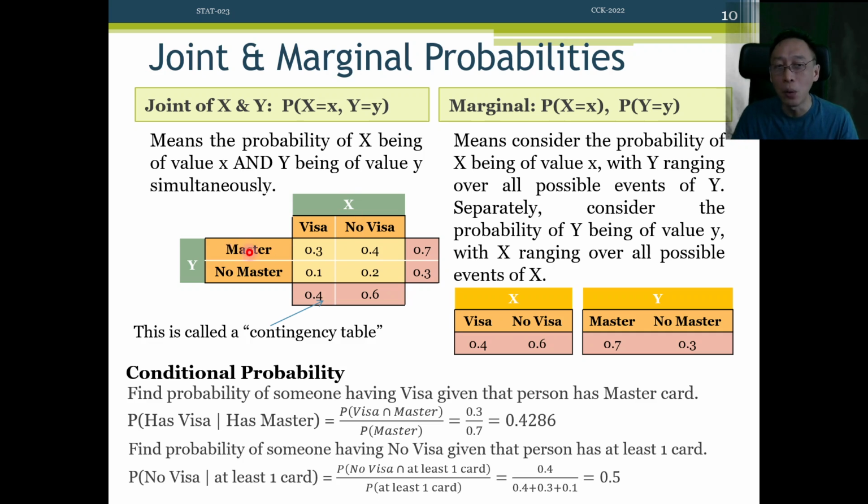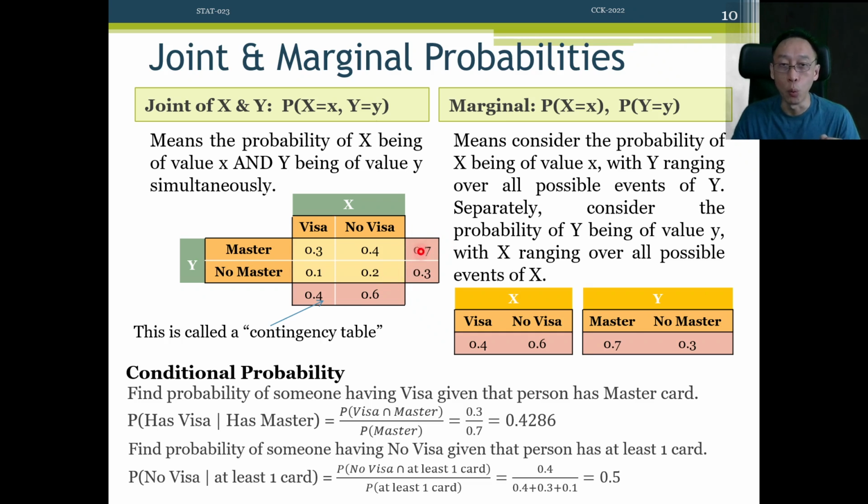So whenever y is master, regardless of x, the probability of a person holding on to a MasterCard, regardless of whether you have Visa or no Visa, is going to be 0.7, which is quite telling because it means that in this case, if it's actually a market study, that means MasterCard currently has the sort of dominant market share, right?